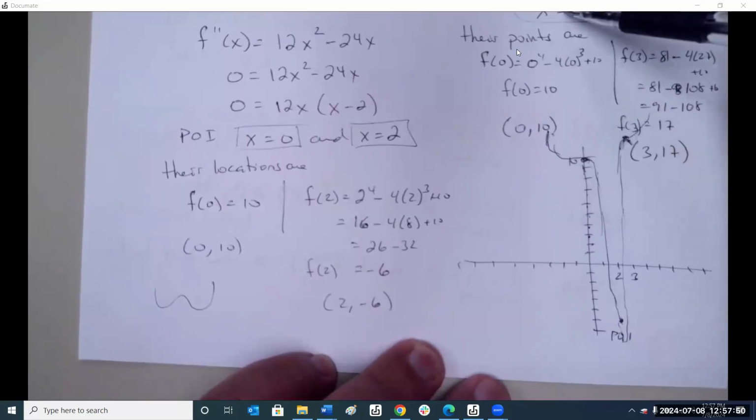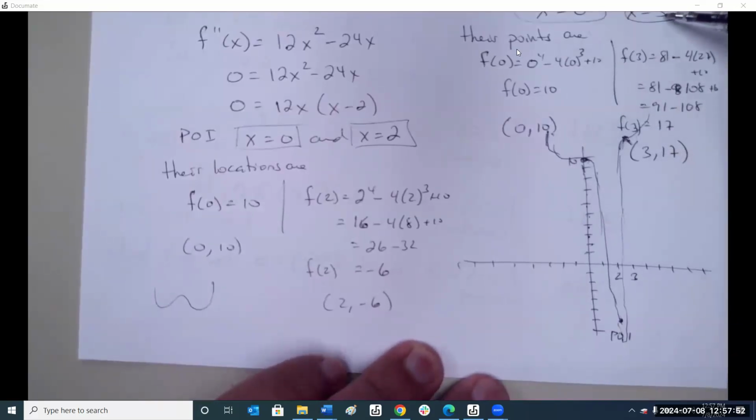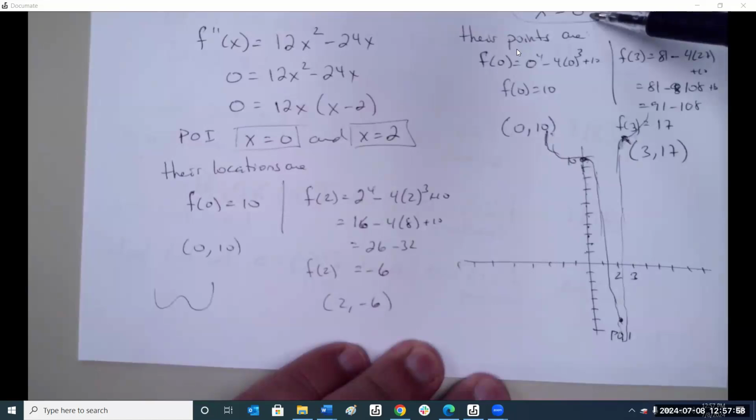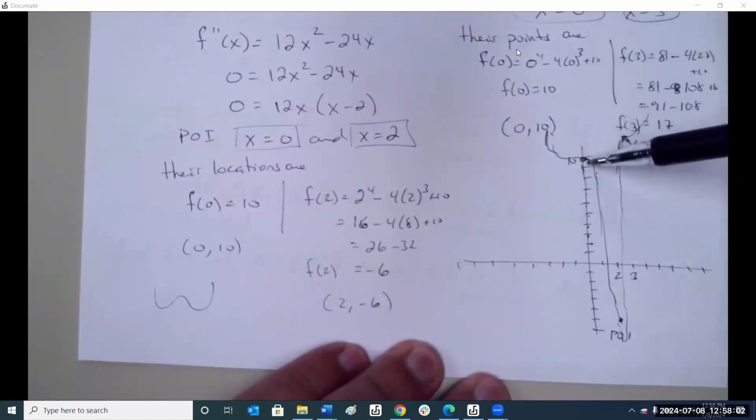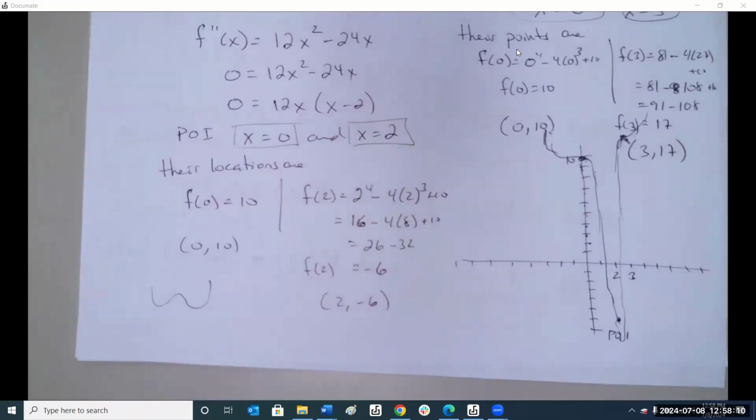So the vertices are at 0 and 3. At 0, nothing happens at the intercept. It's the first.